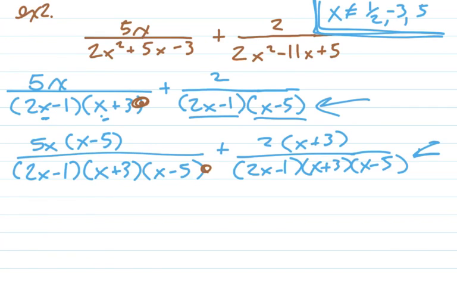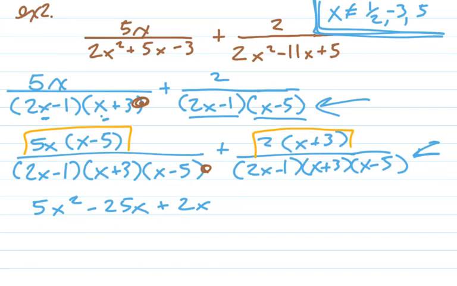So now, I have two terms with the same denominator, so I can add them together. But first, I'm going to do a little mental math, and multiply those out. So I'm going to get on the top 5x squared minus 25x plus 2x plus 6. And that simplifies to 5x squared minus 23x plus 6 on the top.